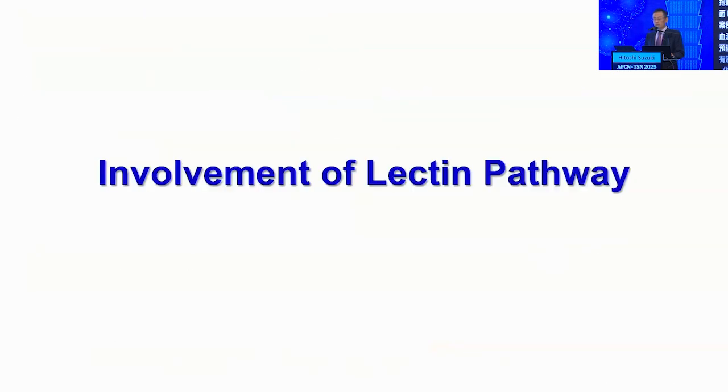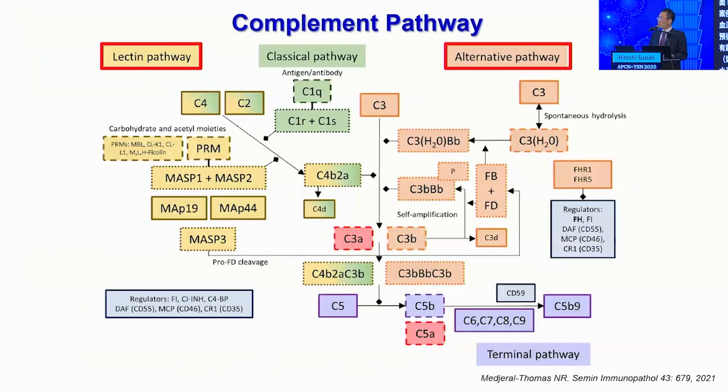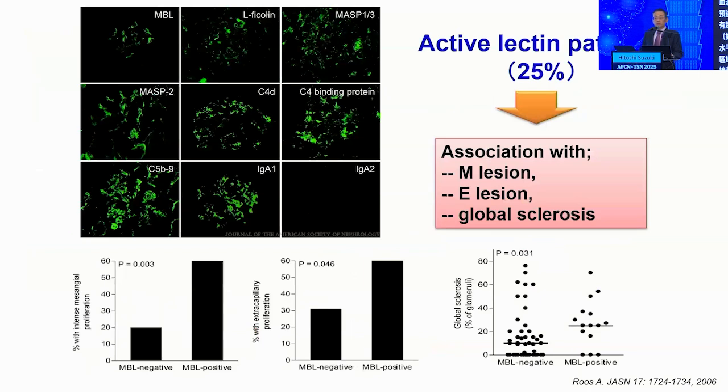Next, think about the involvement of the lectin pathway in IgA nephropathy. To think about the lectin pathway, we need to think about MBL, ficolin, MASP, and C4d. This paper indicated that MBL, ficolin, MASP, and C4d are positive in the glomerulus.